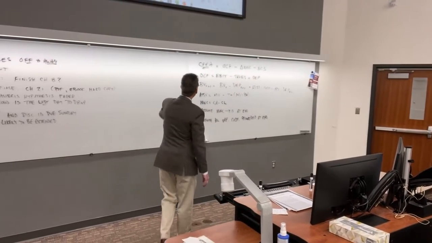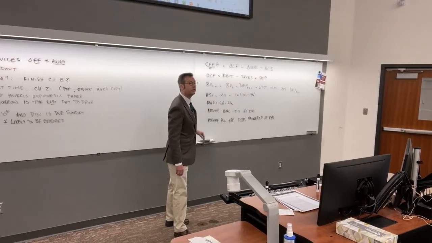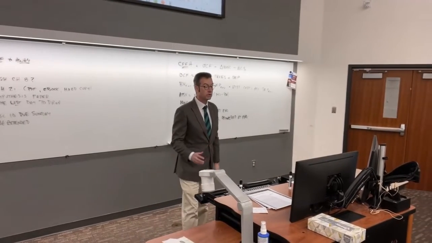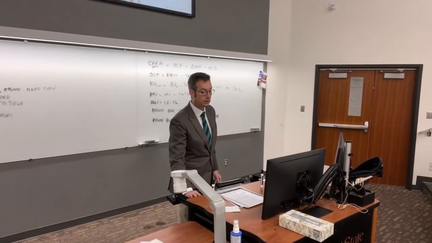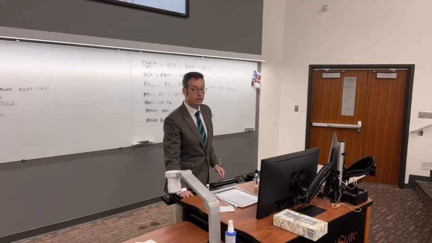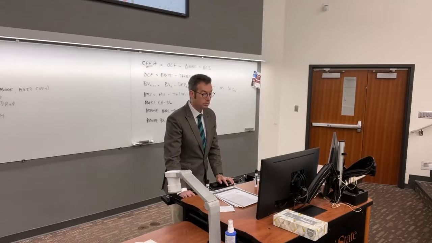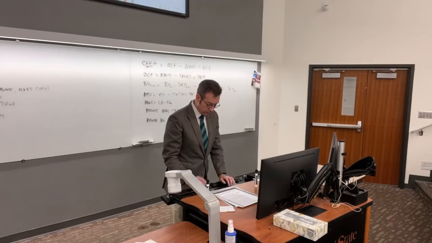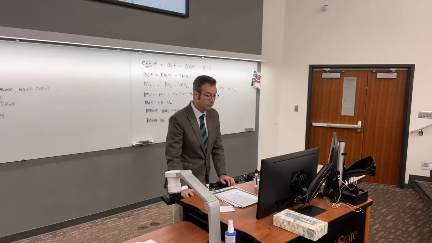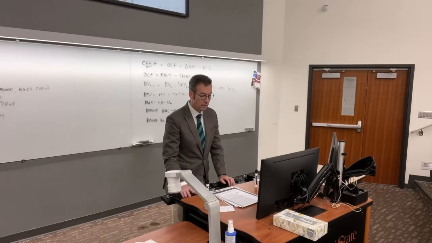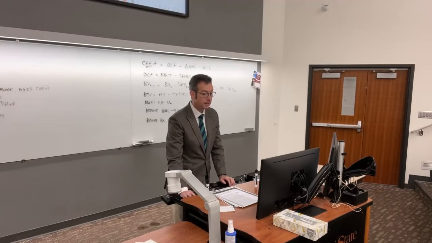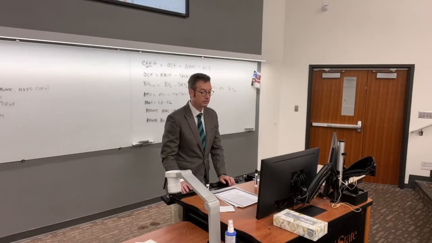Okay, now I believe we're ready to calculate CFFA, which means we're getting really close to being done with this thing. I'm going to go ahead and we're going to make it a new section here, C. And we will say this is CFFA, and it is equal to OCF minus the change in net working capital minus the net capital spending.